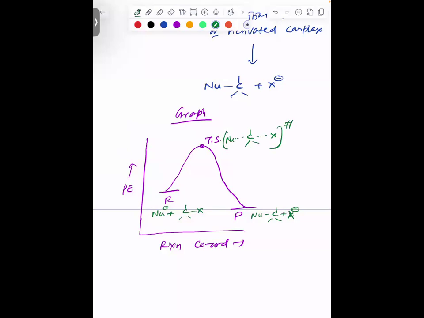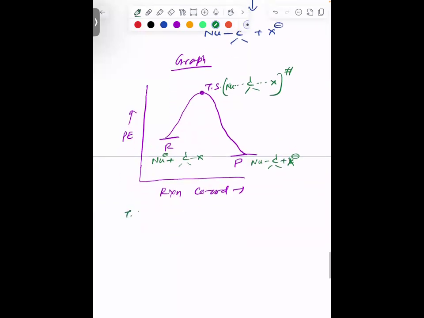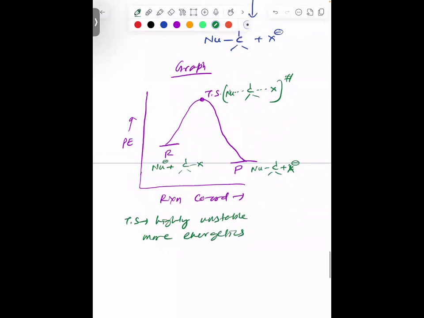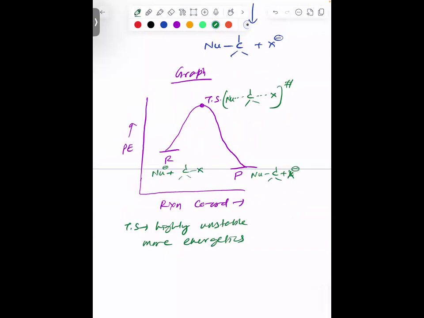Our transition state is highly unstable and more energetic. So students, draw quickly. It is a graphical representation of the SN2 reaction.